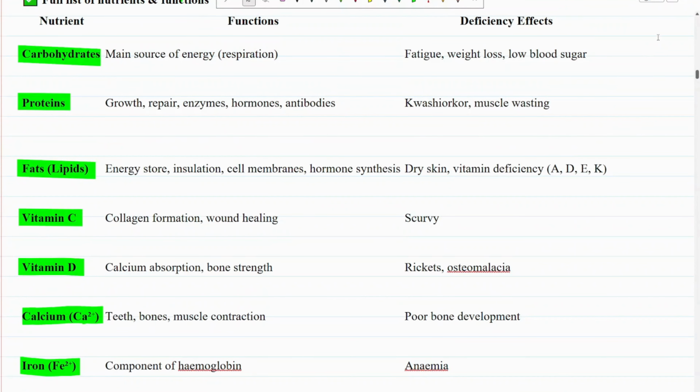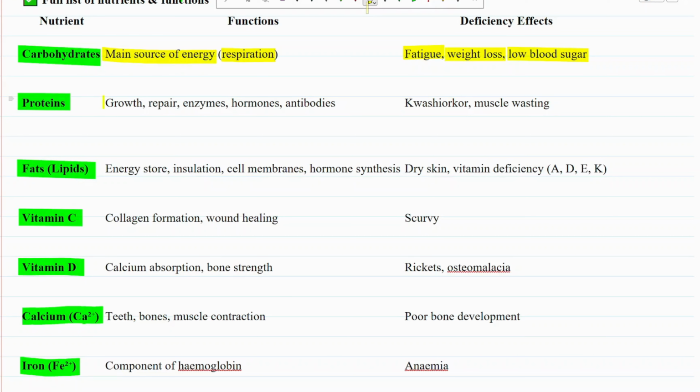So let's see the functions and what happens if they are deficient in the body. Carbohydrate is the main source of energy. Respiration depends on carbohydrate. The breakdown of glucose gives energy, so energy always comes when a carbohydrate is broken down. And what would happen if it's deficient in the body? Fatigue, meaning general pain or tiredness, weight loss, low blood sugar, etc.